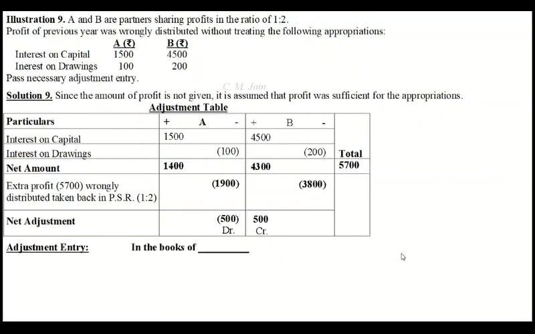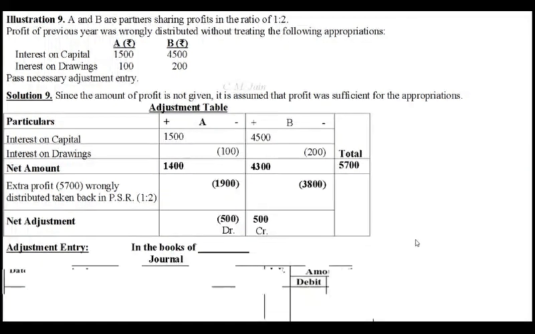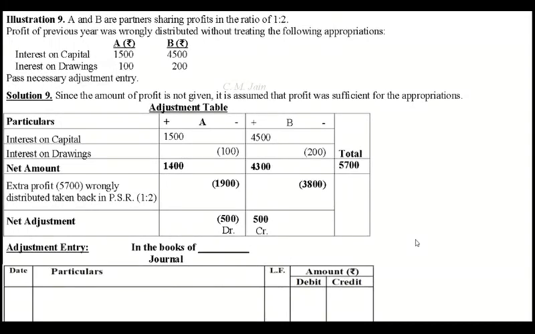So now we will pass the adjustment entry, make a format of journal. So what is our journal entry?